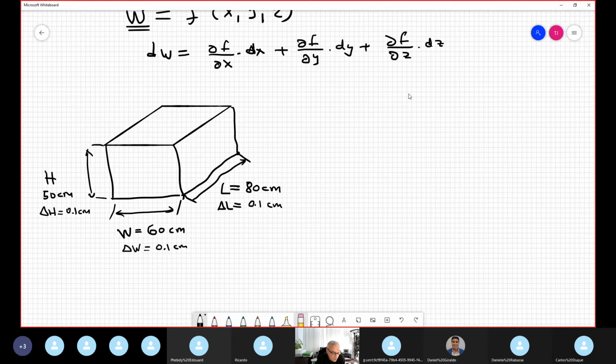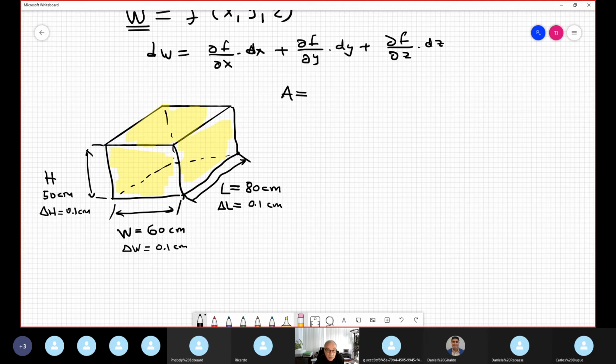So now I want to find, for example, the surface area, suppose of the material that we use for this box, suppose it's, I don't know, aluminum. Okay.